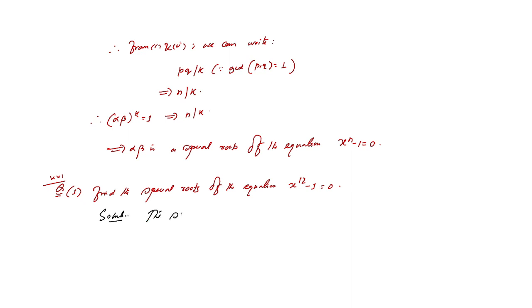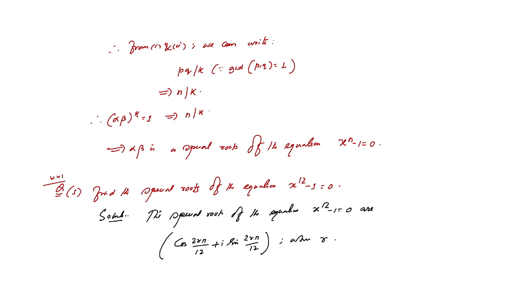Solution: the special roots of the equation x to the power 12 minus 1 equals 0 are cos 2r pi by 12 plus i sin 2r pi by 12. The question is, what is r?